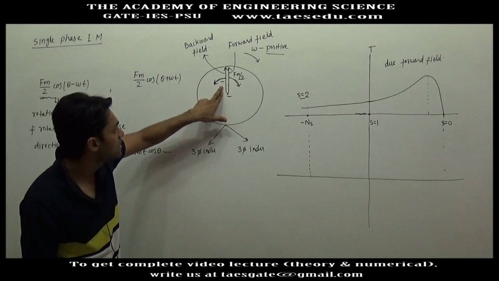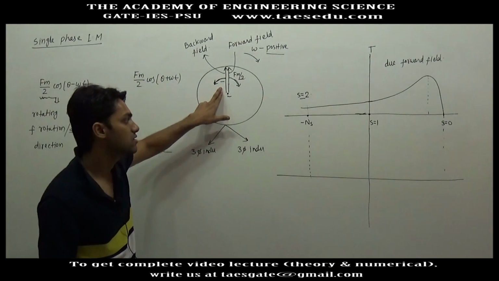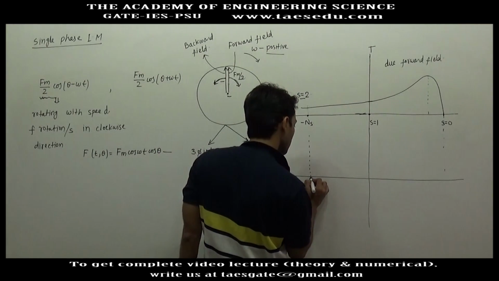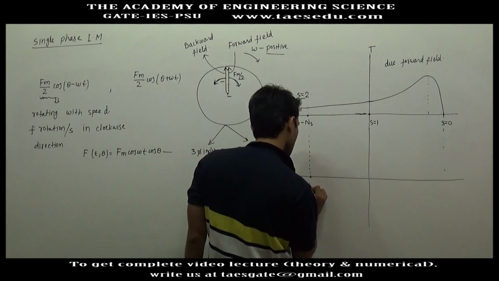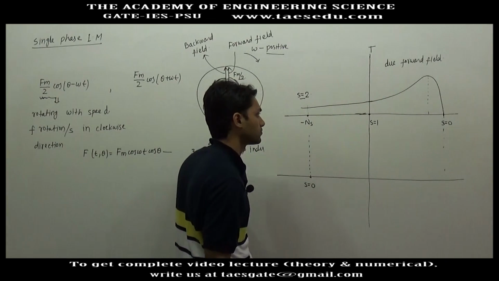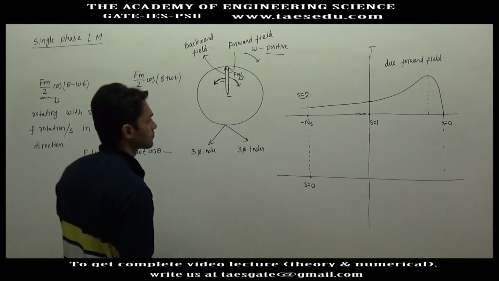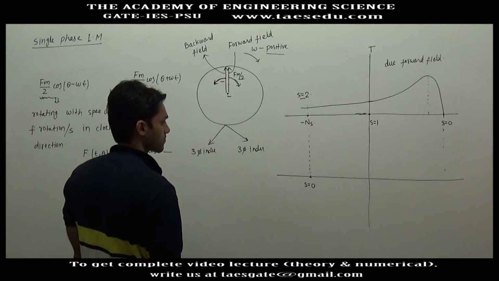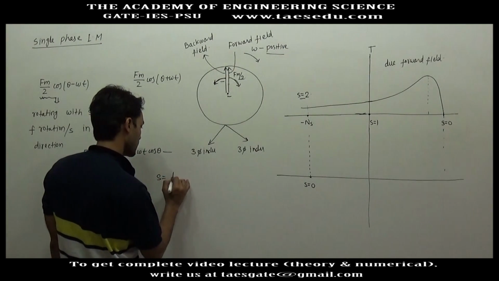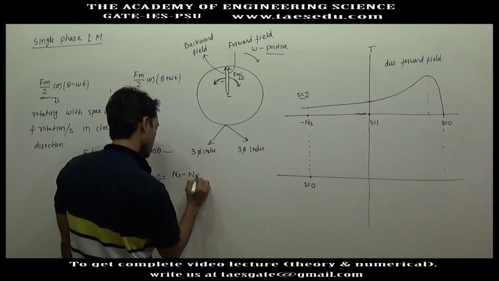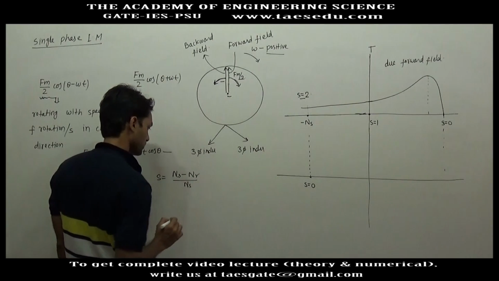So if relative speed is 0, we will have slip equal to 0. So for backward field, at this point slip will be 0. Slip equal to ns minus nr divided by ns.